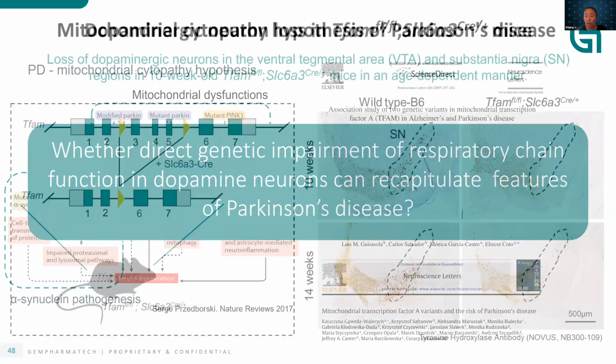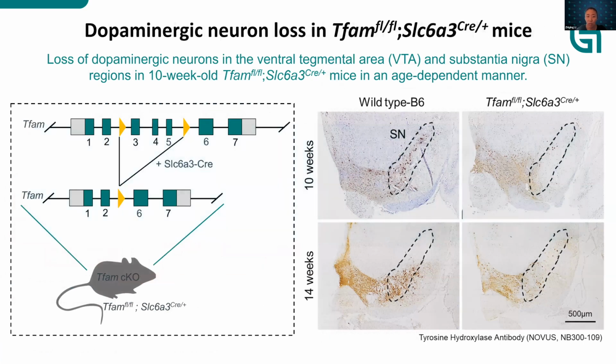So in our hands, with full credit to the papers that have been published in the field, we also generated the TFAM conditional knockouts as well as the DAT-Cre animal. We crossed these two strains together to generate the TFAM homozygous loxP-flox allele, as well as the DAT-Cre positive animal.